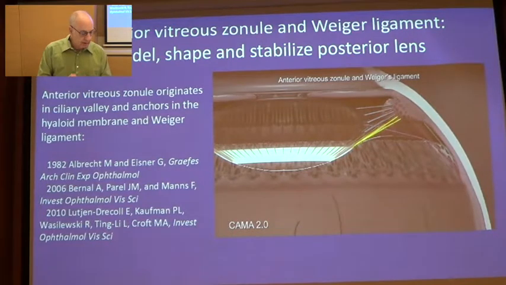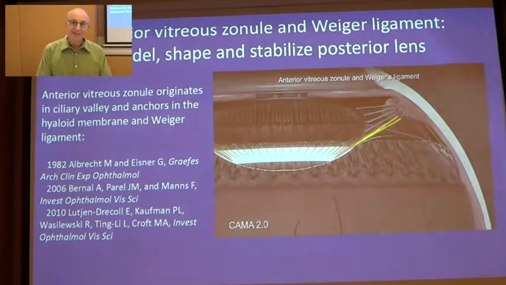Now, it is known that the lens equator and anterior capsule move anteriorly during accommodation, while the posterior lens capsule moves posteriorly. The Weiger ligament encompasses the null point of the lens where there is no anterior-posterior displacement during the accommodative cycle. This is the ideal location for supporting the lens.